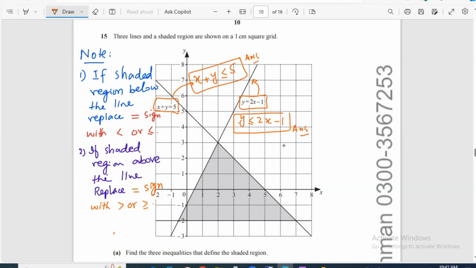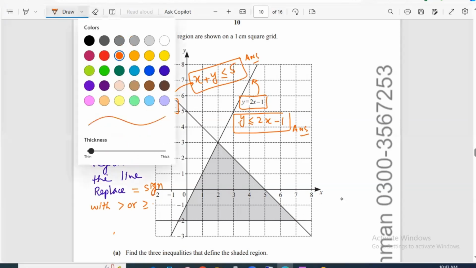Now the third equation, the shaded region bounded by the third line. The equation of this line is y equals minus 2.